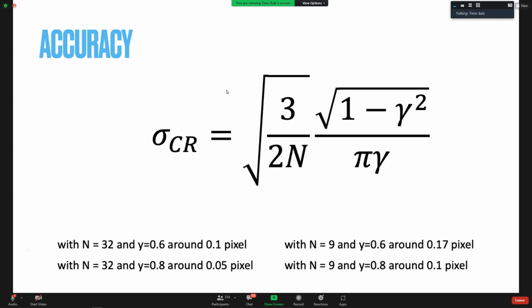So if we have a coherent correlation of 0.6 and a window size of 32, we can get around 0.1 pixel. If you have very good correlation, we can even go to 0.05 pixel.